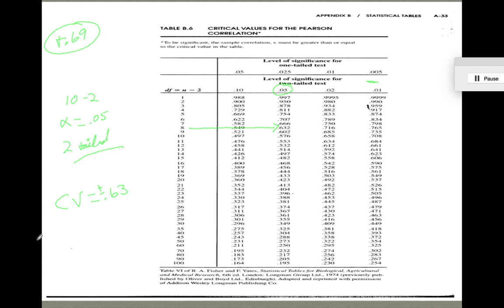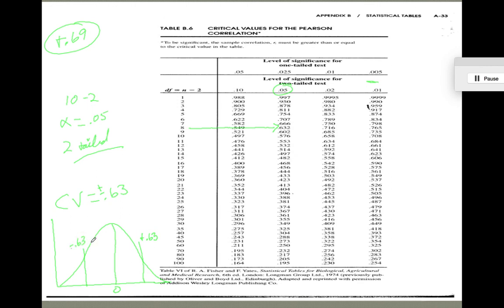So the distribution that I'm going to draw for my r statistic looks like the following, where my mean is equal to 0. Now my critical value is going to be set to the right and also to the left. To the right is positive 0.63, and to the left is negative 0.63.